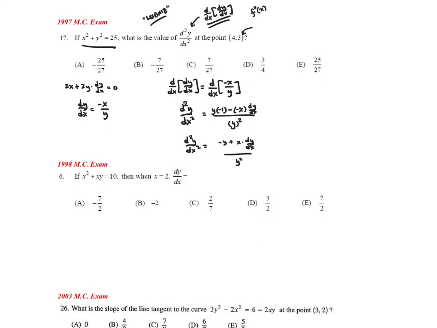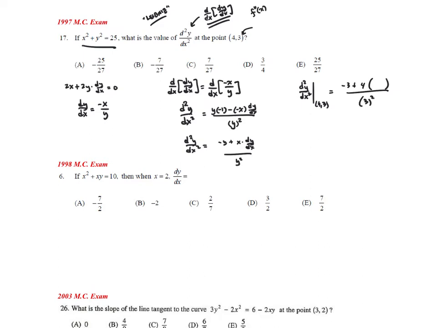Okay, so if we want to evaluate the second derivative with respect to x at the point (4, 3), we're going to plug a 4 in everywhere we see an x and a 3 everywhere we see a y. So we would have negative 3 plus 4 times something, we'll talk about that in a moment, over 3 squared.